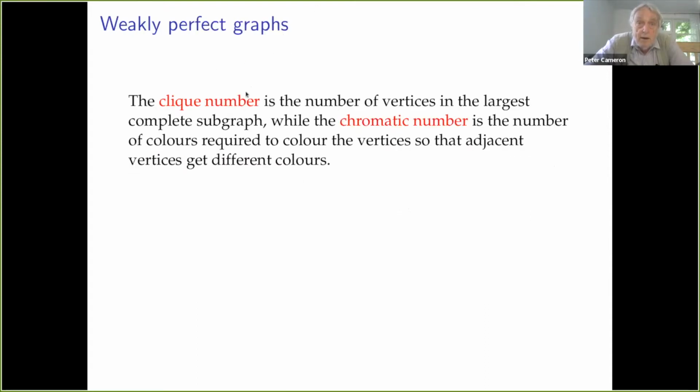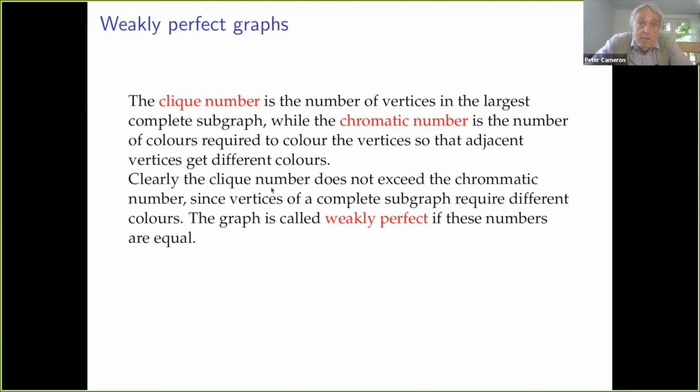And let me explain that, and also explain the weakly perfect graphs in the title. So the clique number of a graph is the number of vertices in the largest complete subgraph. And the chromatic number is the smallest number of colors that you need to color the vertices so that adjacent vertices get different colors. So these are familiar things in graph theory, but the clique number cannot be bigger than the chromatic number.